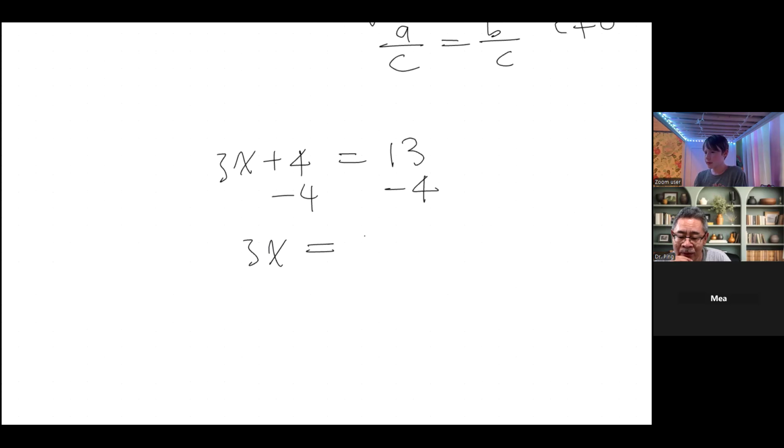And then we divide by 3 on both sides. We got x equal 3. You can see that we use those properties. And those are the simple ones. In other problems, we have to use the addition property or multiplication property. But those are the rules when we're dealing with equations.